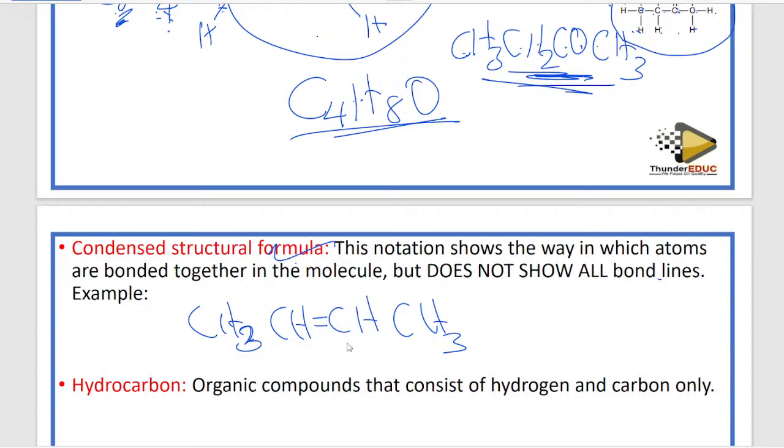Sometimes we can hide them and we write it like that. And they ask you to write the structure formula for that. You need to know how many carbon atoms, how many bonds are on each carbon atom. If you distribute all the hydrogens and they are finished, the only option you have is to introduce a double bond or a triple bond somewhere so that you are covered.